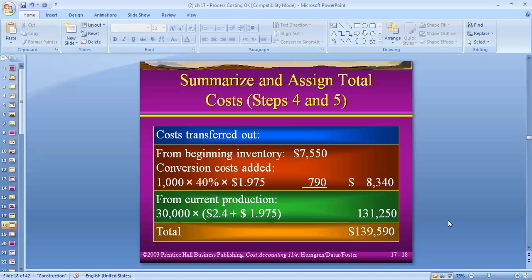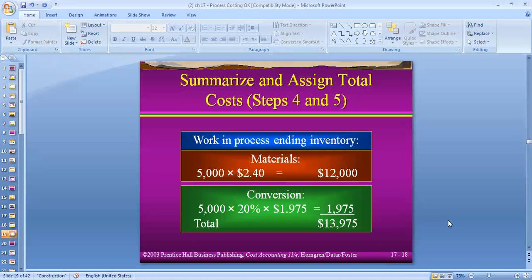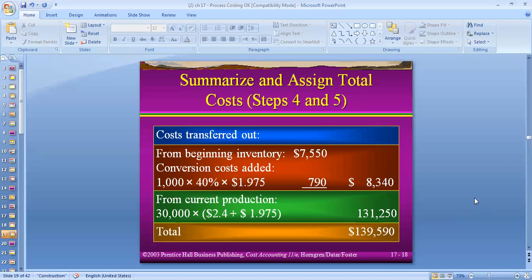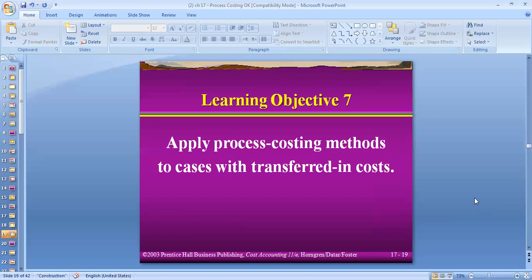The remaining is 5,000 ending work in process. How to calculate its cost? Work in process at end: I have material 5,000 times 2.4, and 5,000 times 20% completion rate, I mean 1,000 times 1.975, equal 13,975. If added together with the 139,590, it gives you the total as the beginning cost.